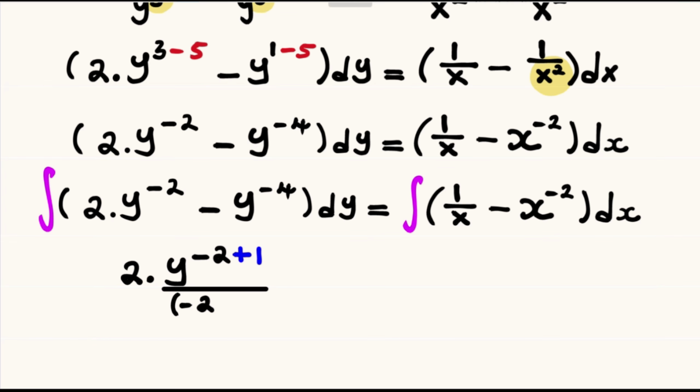Remember, when we differentiated, we multiplied. Now we integrate, we divide. Minus the integral of y to the power negative 4, which is y to the power negative 4. We add 1 to the exponent, we divide by the new exponent, the negative 4 plus 1.